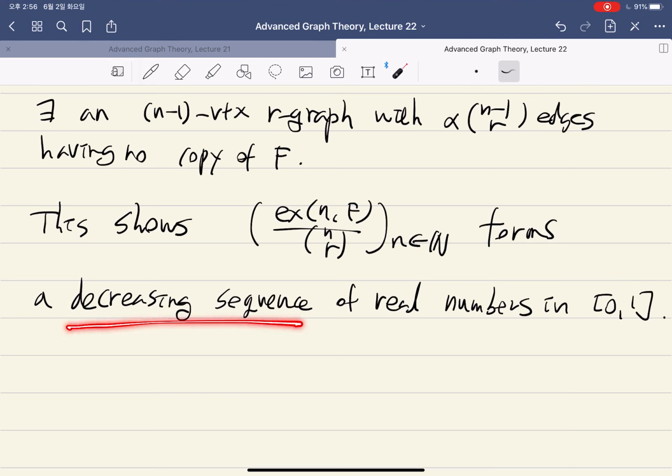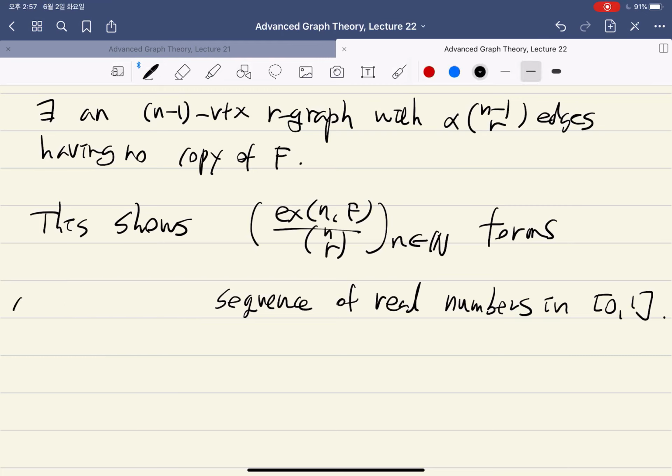So it is actually a decreasing sequence. To be more precise, non-increasing. So this shows that this density exists.